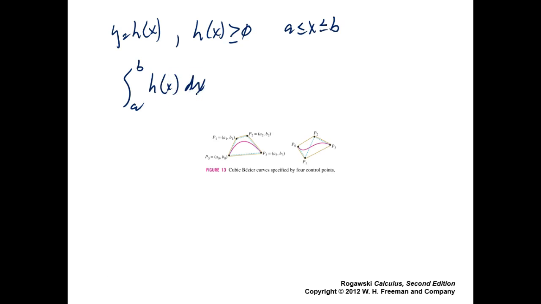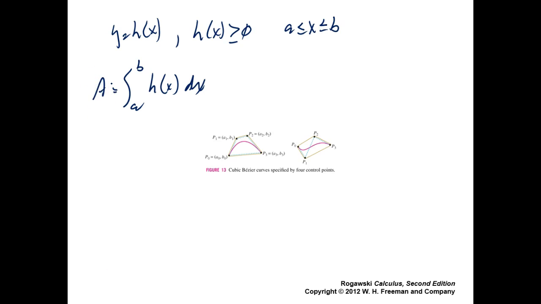Nothing new there. As long as that curve is never negative, you divide it into little rectangles of width dx, and the height times the width gives the area under the curve. This is A, the area under the curve.